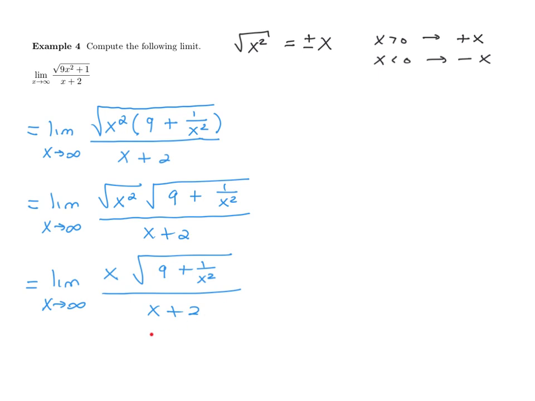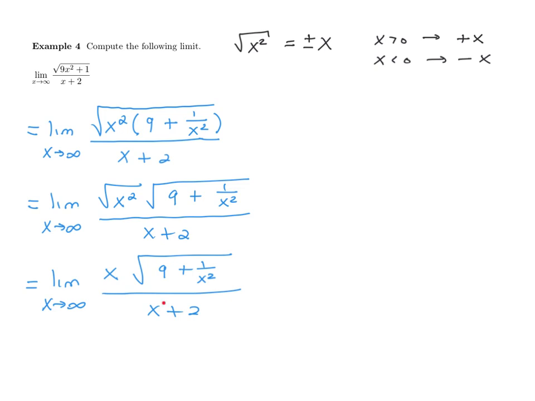The reason is we're approaching positive infinity. We're only ever putting positive numbers in place of x. And that means we would never encounter a negative value for x, meaning we don't need negative x as our answer.